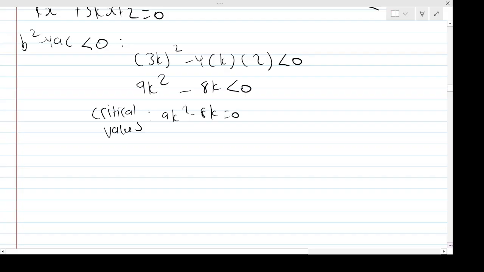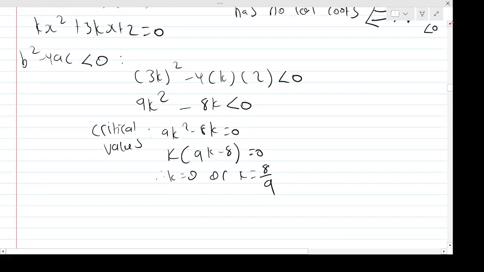So our critical values, if we factorize to solve it, k lots of 9k minus 8, therefore k is 0, or 9k minus 8 equals 0, so 9k equals 8, so then k is 8 over 9.